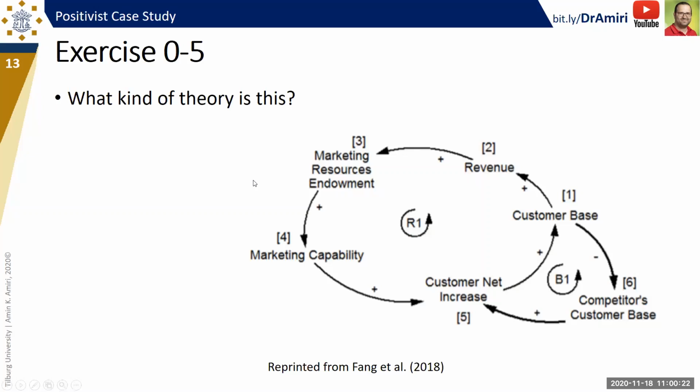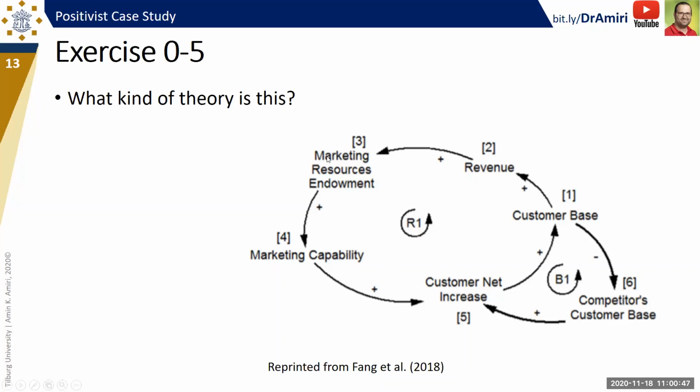What kind of theory is this one? So this is a system theory. This is a system dynamics theory. We have causal loops here. You can see here that this causal loop is reinforcing.